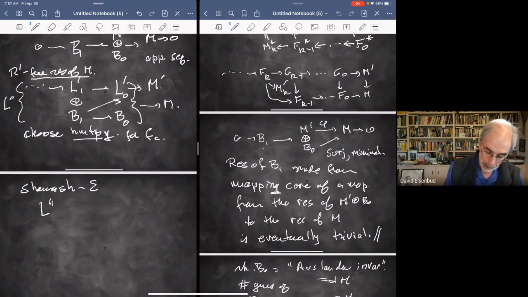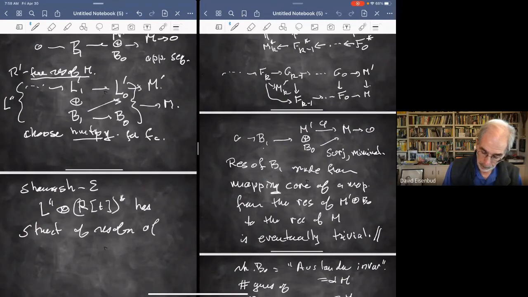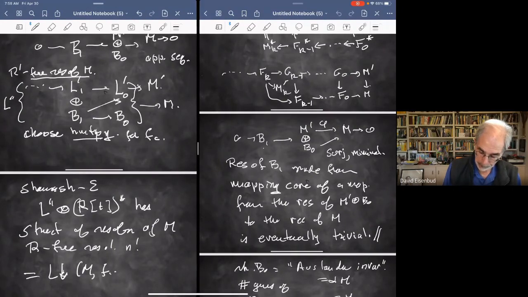L double prime tensored with the divided power algebra, which again I'll write as R of T dual, has the structure of a resolution of M, and now it's an R free resolution. And this is, by definition, L lower arrow of M, F1 up to FC.